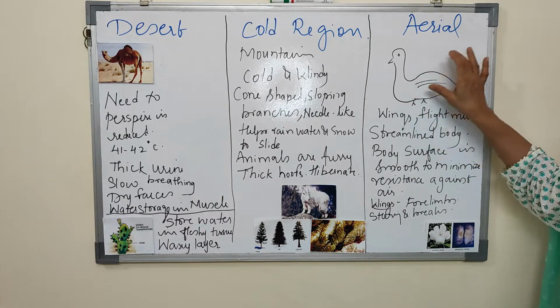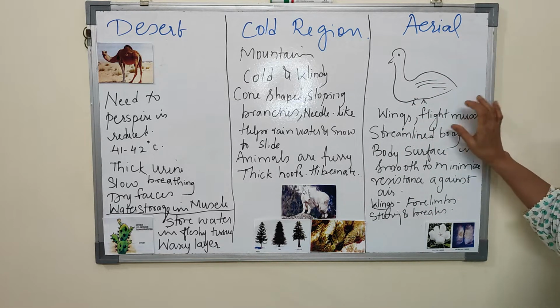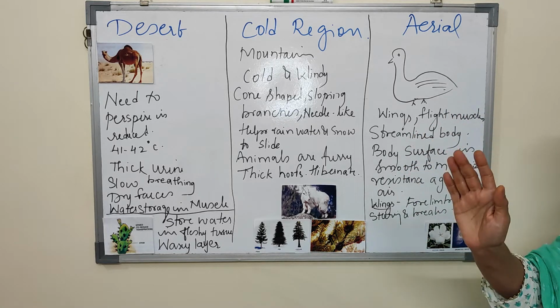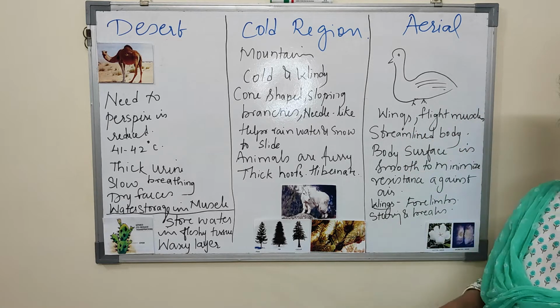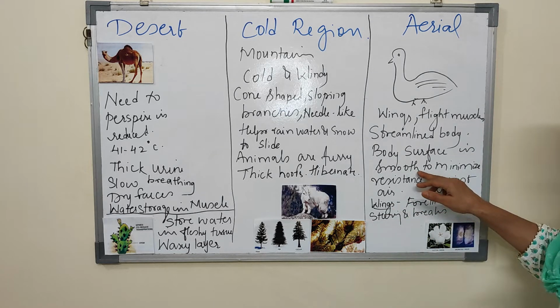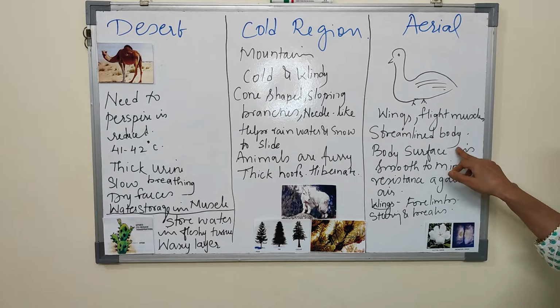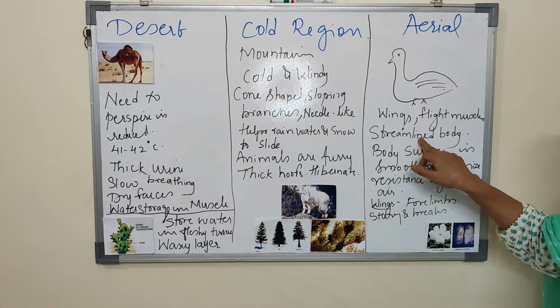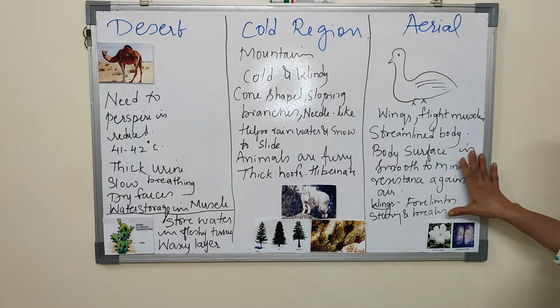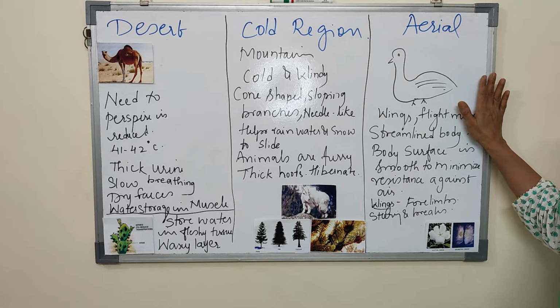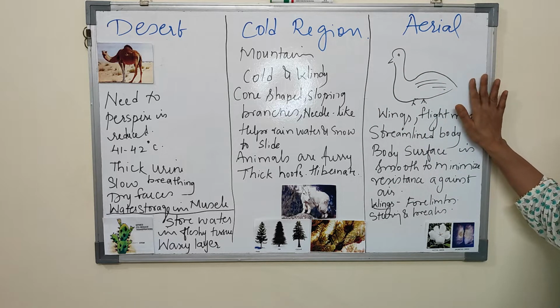So wings are developed, flight muscles are developed, the body is streamlined, and the body surface is smooth so that air resistance is minimized. This is how the adaptation of the aerial animal has taken place over the years, so they are fit to fly.